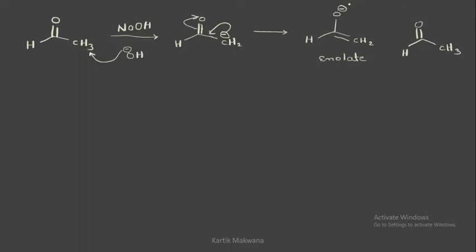And now the minus charge of oxygen will come back and form the pi bond, and now this pi bond will break and attack on the carbonyl carbon, and this pi bond will break and the electrons of the pi bond will go on the oxygen and make it an oxyanion, right?